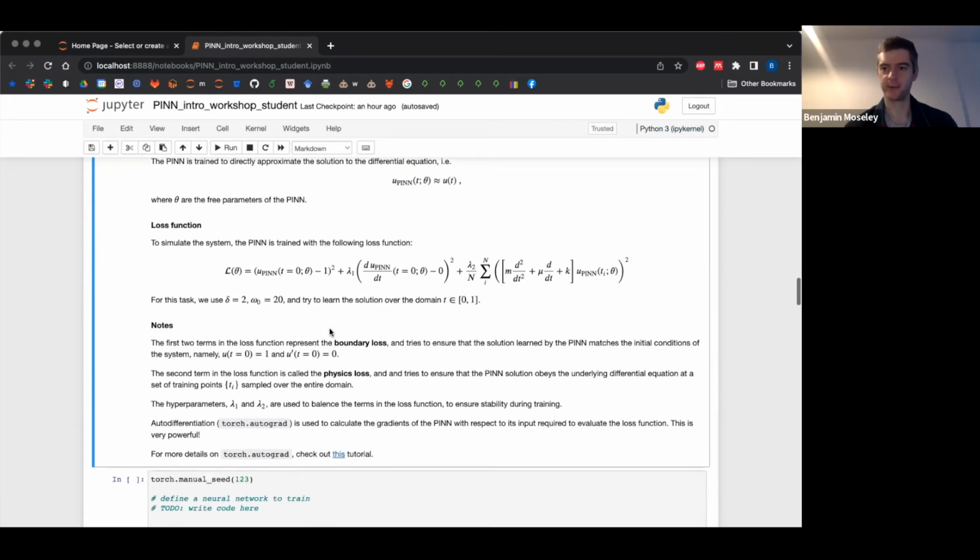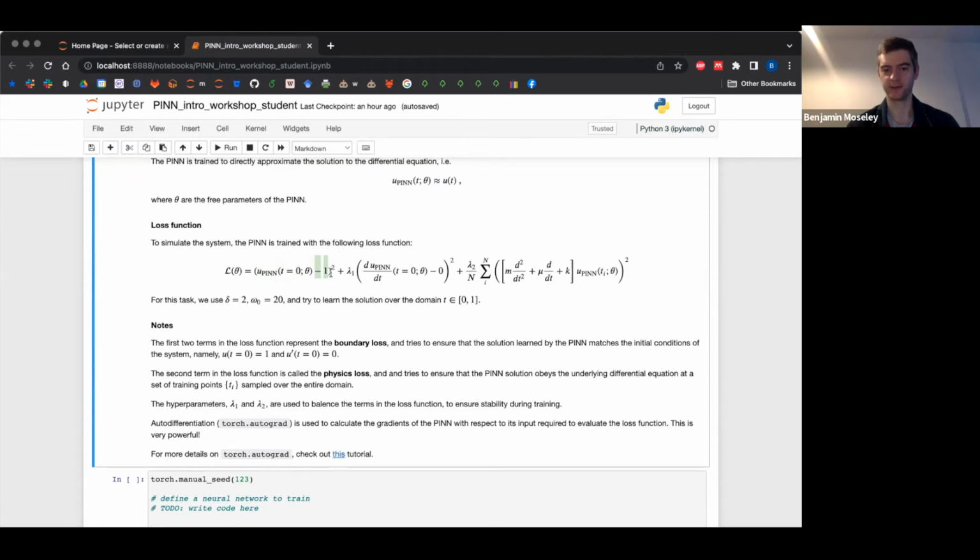And then we've got to set up our loss function to train the PINN. It's composed of 3 different terms. The first 2 terms assert that the boundary conditions are met, and the last term calculates the physics loss that I described before. So let's go through each one. For the first, I evaluate the PINN at time equals 0 and make sure that it equals 1.